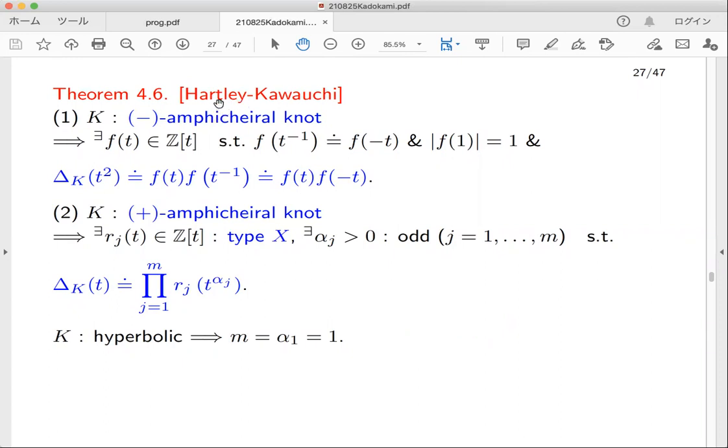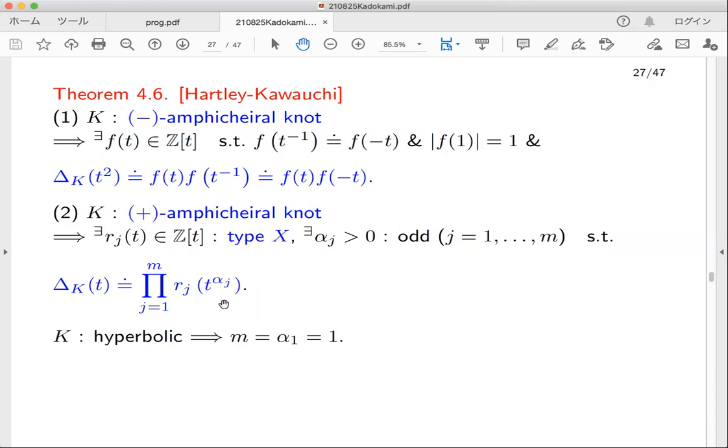A very famous result is due to Hartley and Kawauchi. The first, let K be a minus Amphicheiral knot. We have this kind of conditions. The second, let K be a plus Amphicheiral knot.